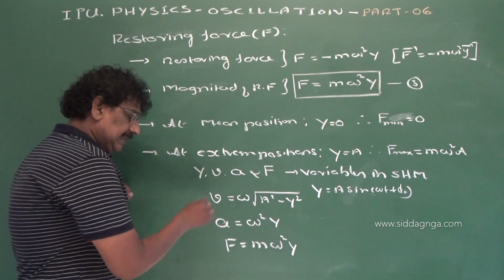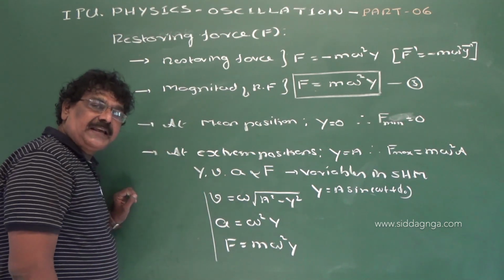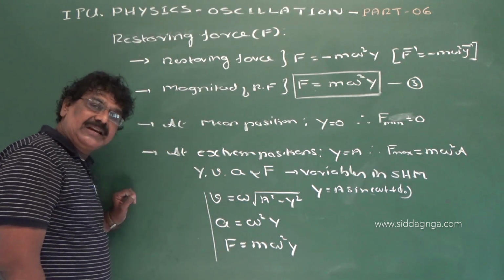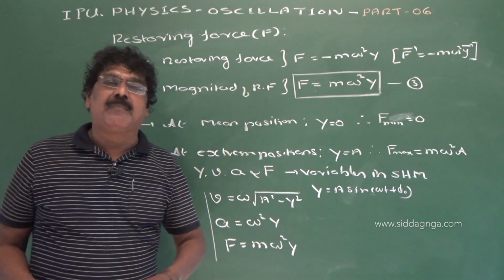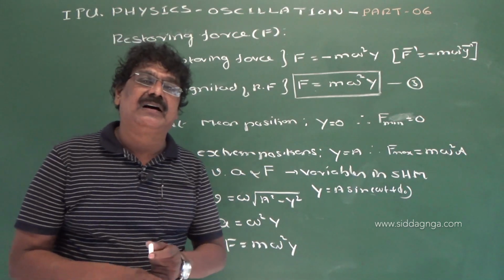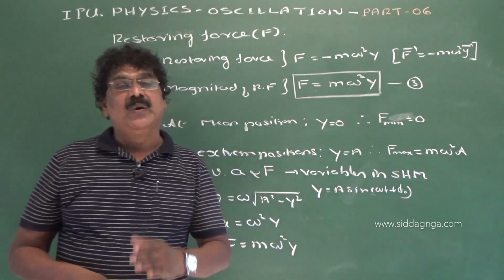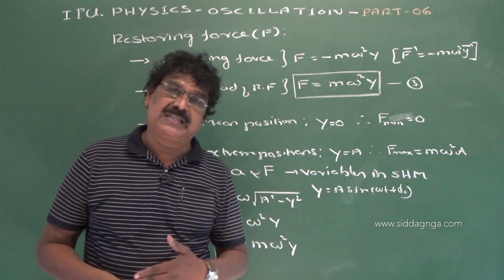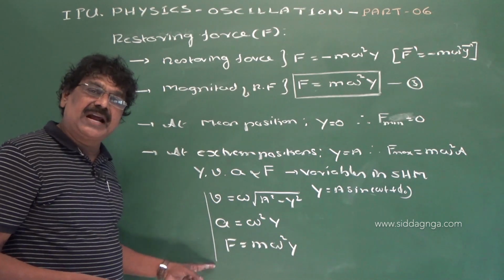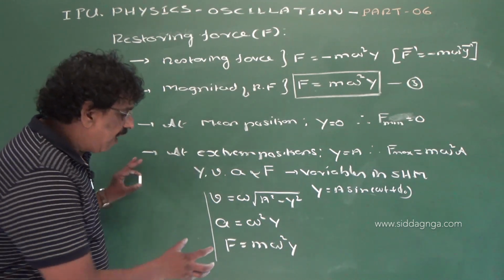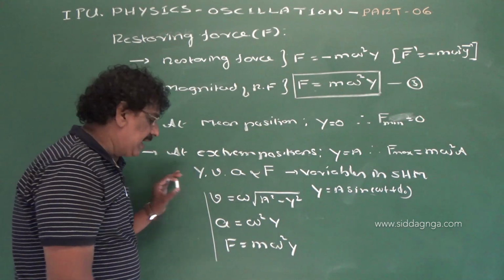From these three equations, velocity, acceleration and force all depend upon the displacement of the particle at that instant of time. Therefore, with change in displacement, the values of velocity, acceleration and force change.